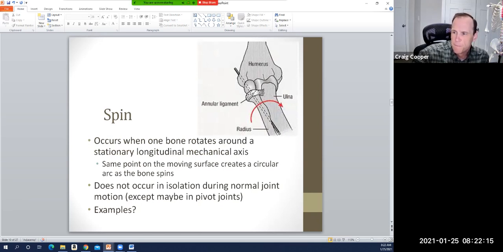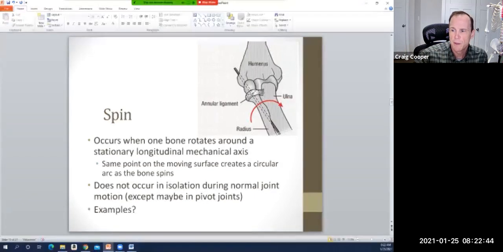And so the radius, where it hits up against the humerus on the capitulum, we have that rounded little ball at the end of the capitulum. So that's our convex surface. And then the little dimpled, indented portion on the head of the radius is our concave portion. And so they do just kind of spin in place. If you imagine a top just spinning and not moving across the floor while it's spinning, that's more what's going on right there.